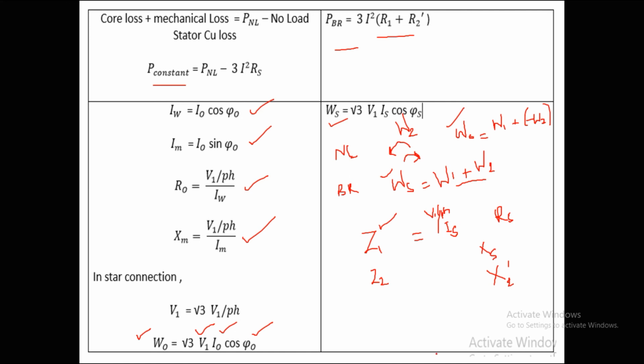So totally we can find all the branch parameters, especially the loss components, so we call this indirect loading test a predetermination of efficiency of an induction motor.